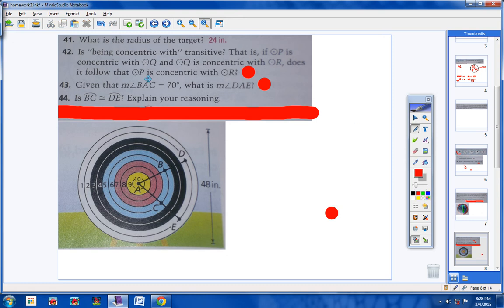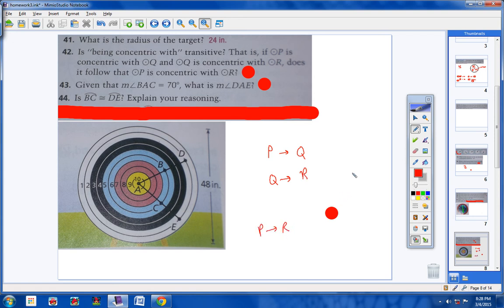Now, is being concentric transitive? In other words, if circle P is concentric with circle Q, and Q is concentric with circle R, does it follow that P is concentric with R?